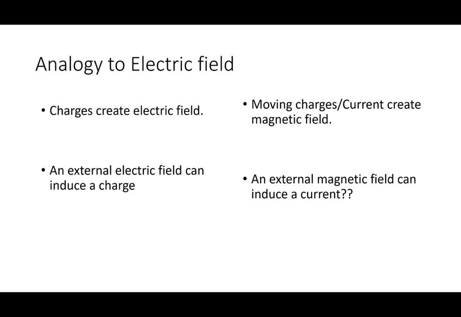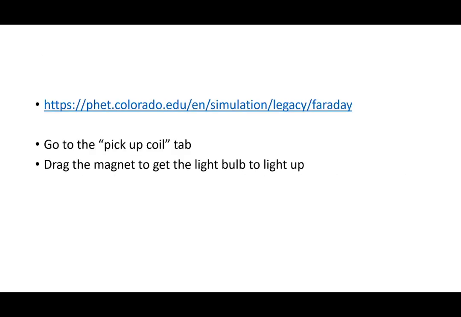And to explore that, we're going to use that simulation I was talking about. So for those of you just joining us, please look at the video description below. There's a link to this thing called a PHET, P-H-E-T. It's a physics simulation. And we're going to try looking at the pickup coil tab.